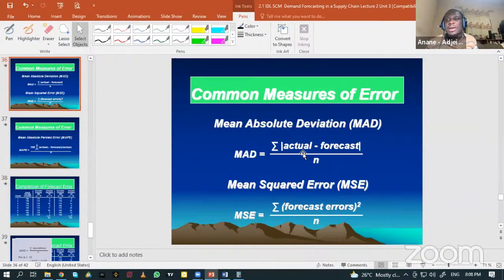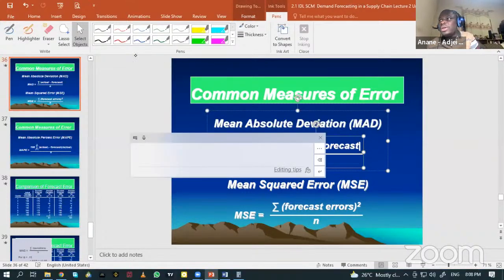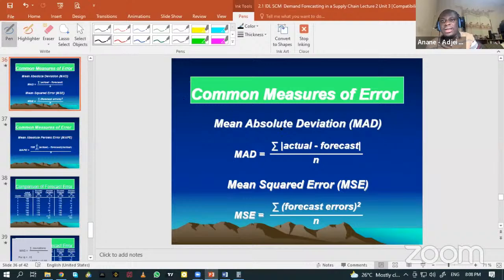Please be very mindful of this bar here. This bar is part of the formula. This straight bar, we call the absolute. So the summation of actual minus forecast, all over n.